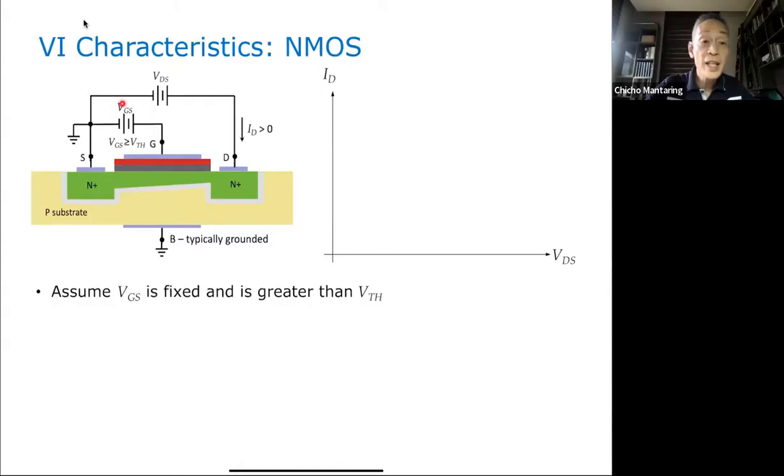Of course, VGS has to be greater than the threshold voltage because a channel has to exist. For your channel to exist, VGS should be greater than VTH. Okay, what will happen if I start from 0 and start increasing VDS?